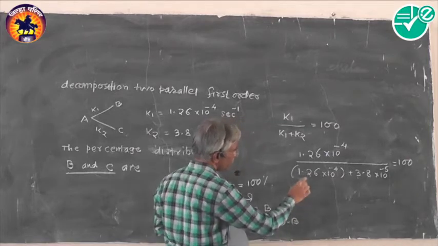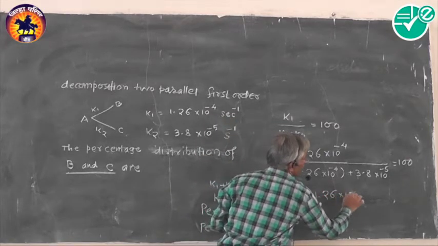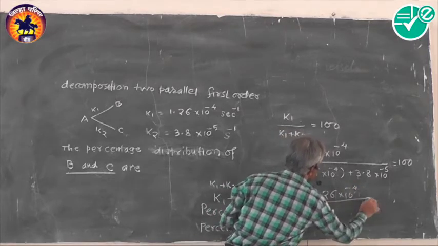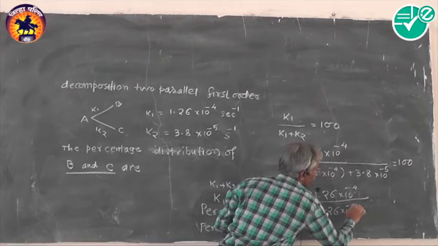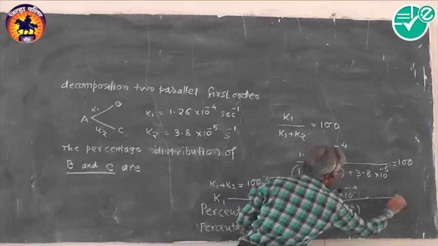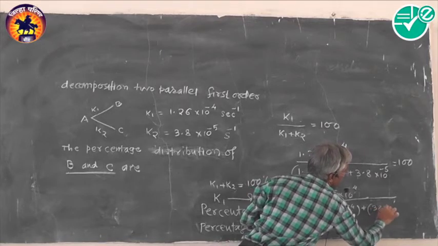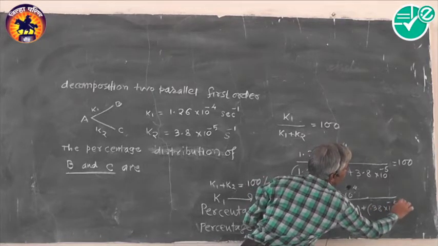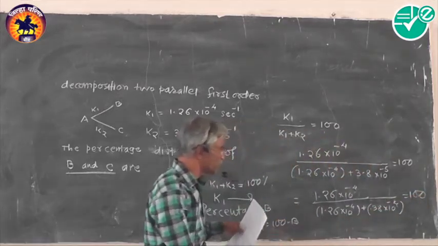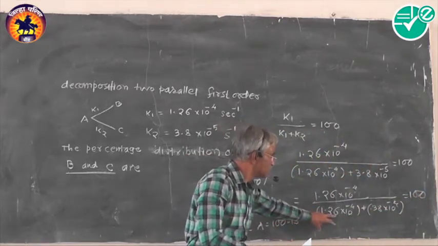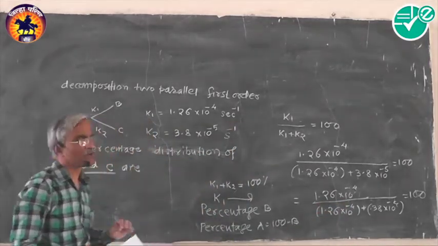Now it will be 1.26 into 10 raised to minus 4. Now convert that into 10 raised to minus 4. You will have 0.38 into 10 raised to minus 4, times 100, and this will be 1.26 and 0.38; you have to make a sum of it and go for the calculation.